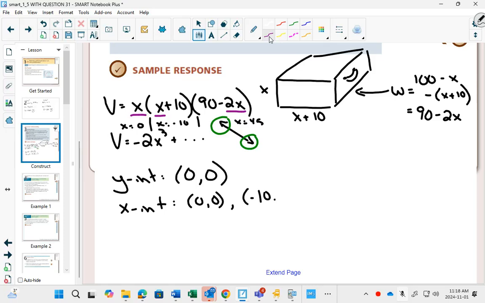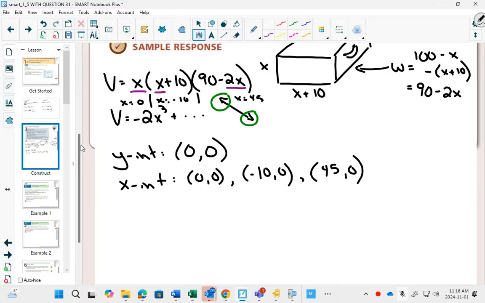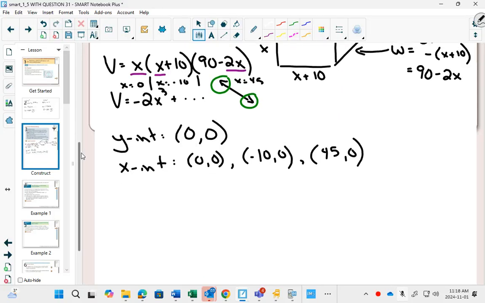We have an x-intercept at minus 10, comma 0, and we have an x-intercept at 45, comma 0. With the end behavior and all of your intercepts, you can draw this graph. Also, do you notice that each of those intercepts has a multiplicity of 1? So your graph will go straight through each of those x-intercepts.